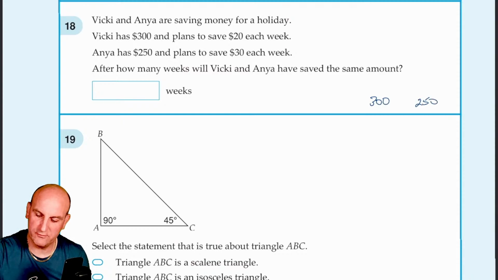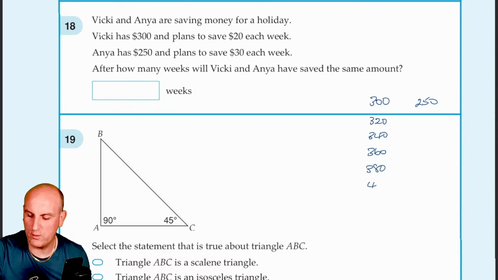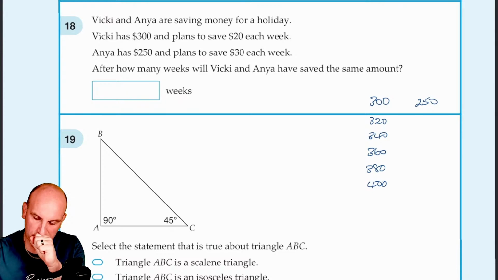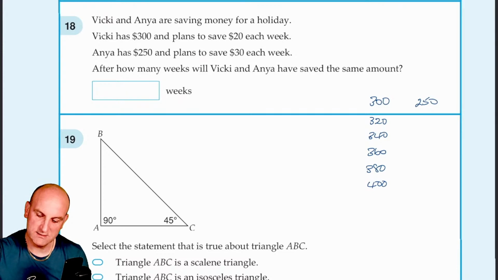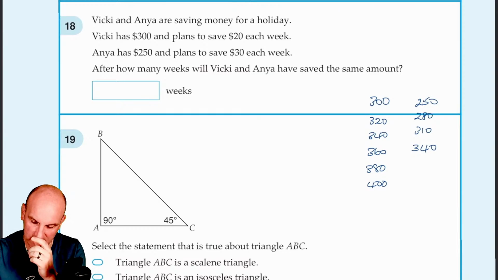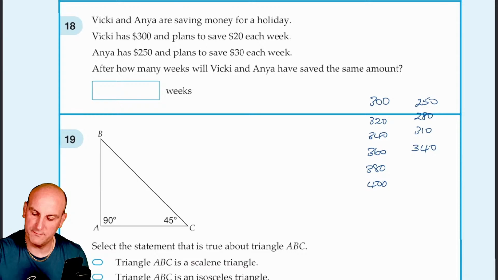So we're going to do 320, 340, 360, 380, 400. What do we have next week? Anya has 250, adds 30 each week, so 280, 310, 340.